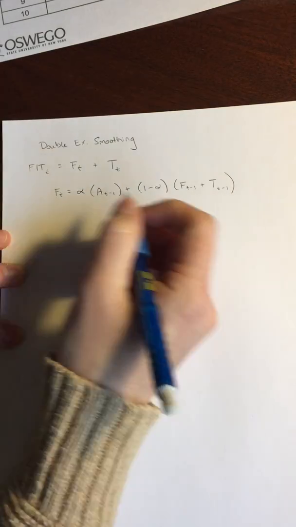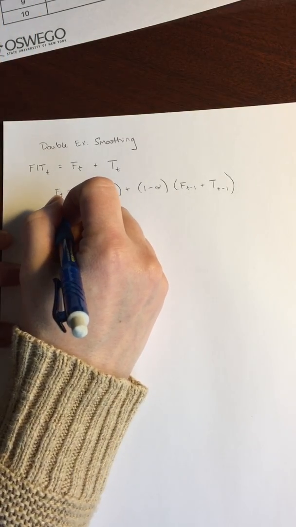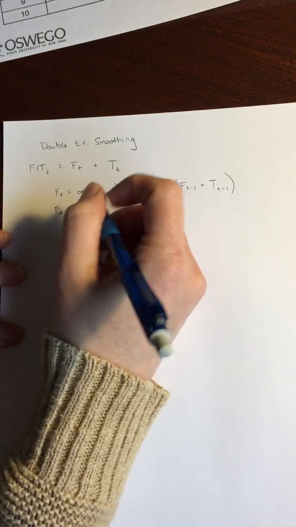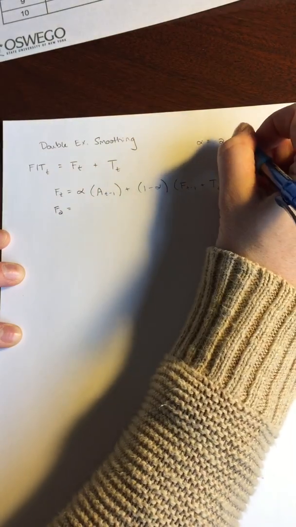So the way this would work, if we are looking at, let's say, month 2 in our example, our forecast for month 2 will be, and in this case our alpha value is going to be 0.2 and our beta value is going to be 0.4.